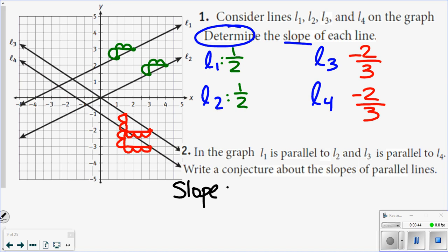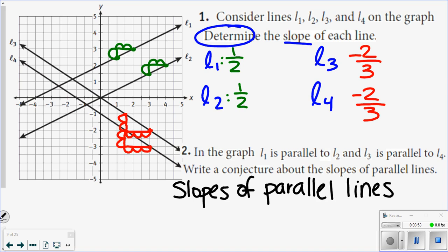Slopes of parallel lines are the same. Line 1 and line 2 both have a slope of 1/2. Line 3 and line 4 both have a slope of negative 2/3. They're parallel, so they have the same exact slope. That's why they never intersect. They never touch.